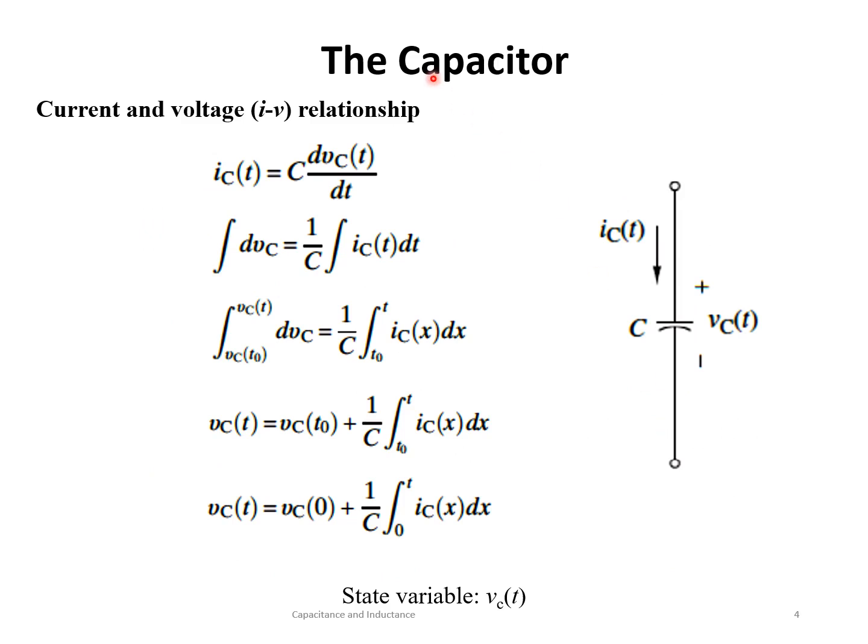In the capacitor, the current and voltage relationship, I will start from the current relationship of the textbook. The properties of capacitors discussed before this are self-study. So in a capacitor, the current is equal to C times the time rate of change of the voltage across the capacitor.